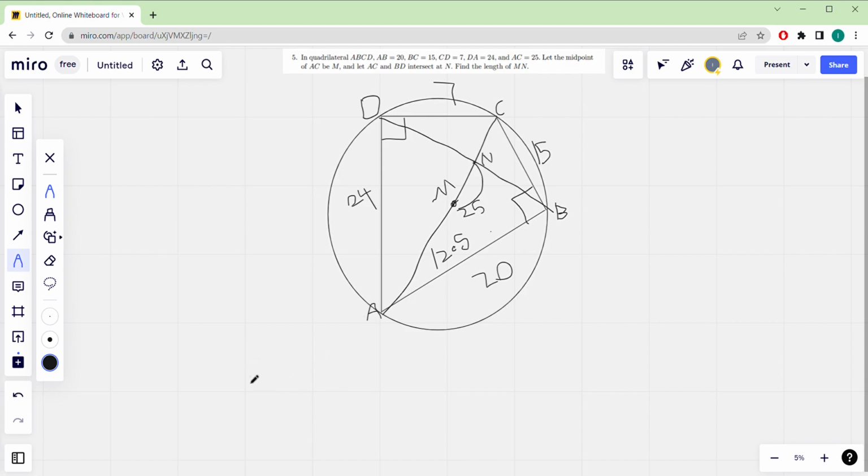So 7 times 20 is 140. And then 24 times 15 is 360, plus 140 is 500. And this is equal to one of the diagonals, which is the diameter of the circle, 25, because that's already given to us. And then we can call the other diagonal DB.